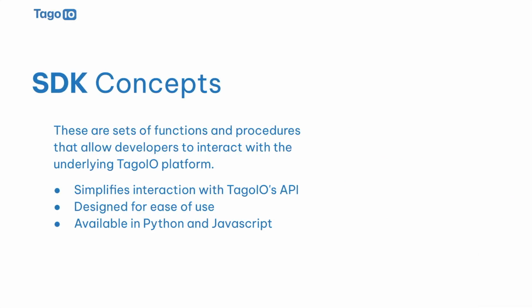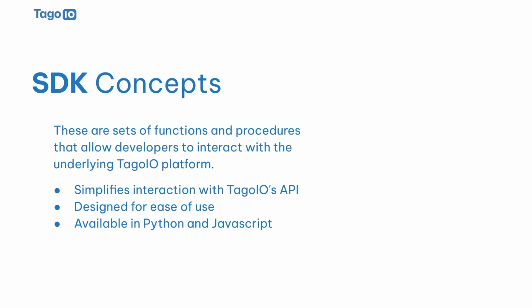Hey everyone, Vitor here. I want to introduce you to our software development kit. First, what is an SDK? This is a kit for Python and JavaScript that we provide for you.